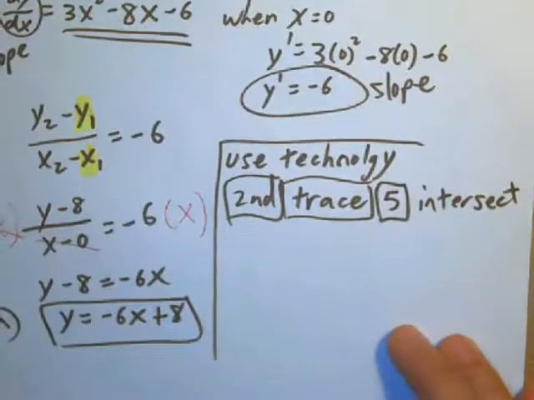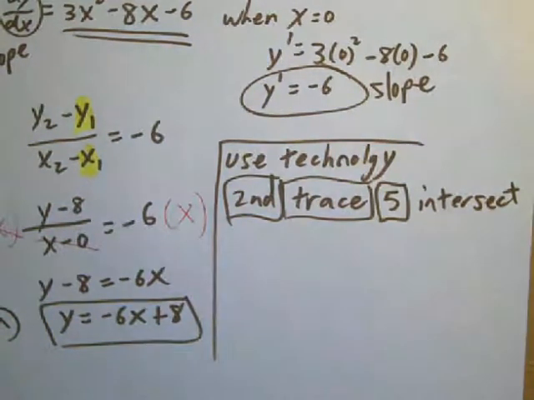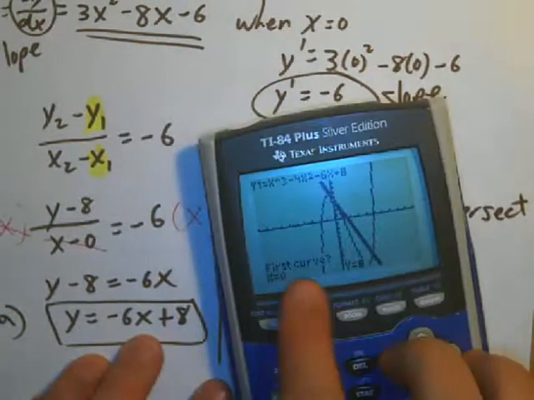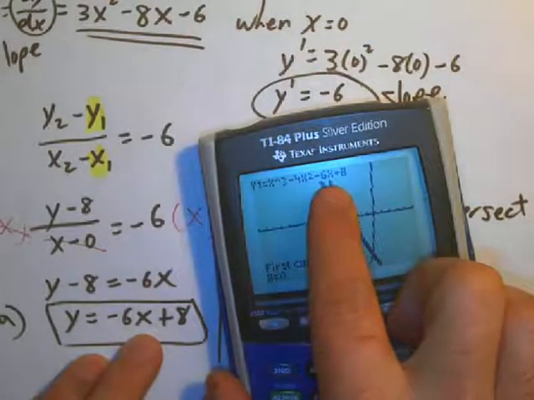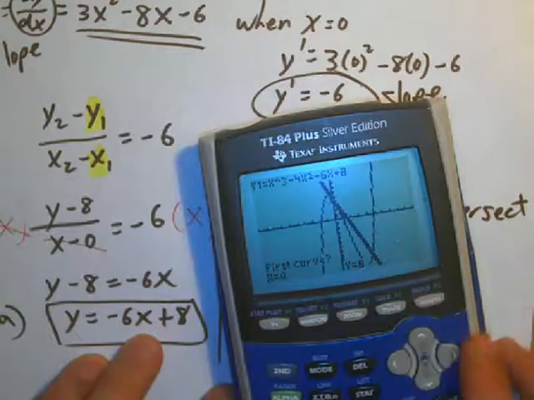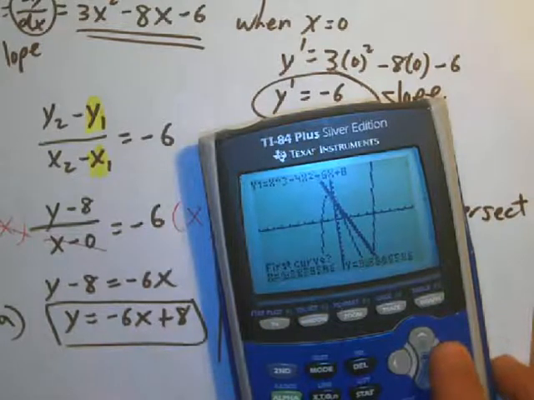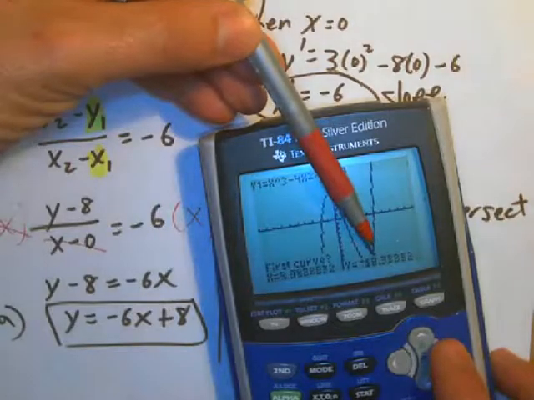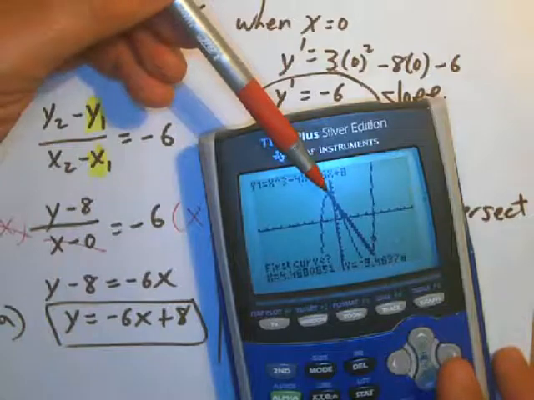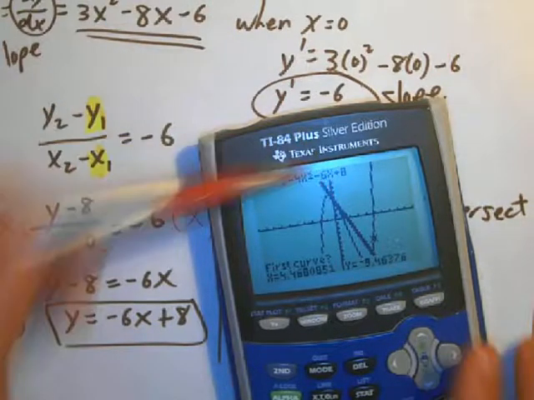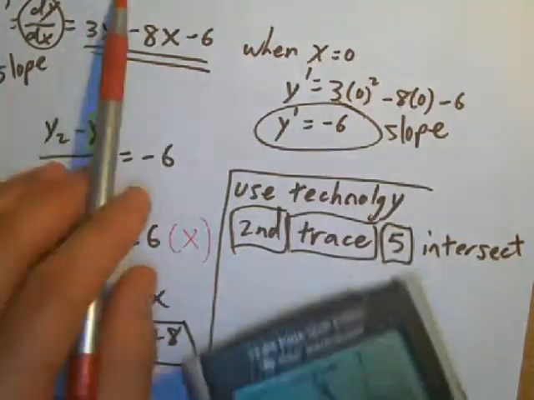After we do that, it says first curve, and it has the equation of the cubic graph. I need to move the arrow closer to this intersection here. If it's not close to it, it's going to find the intersection we already know, which is (0, 8).